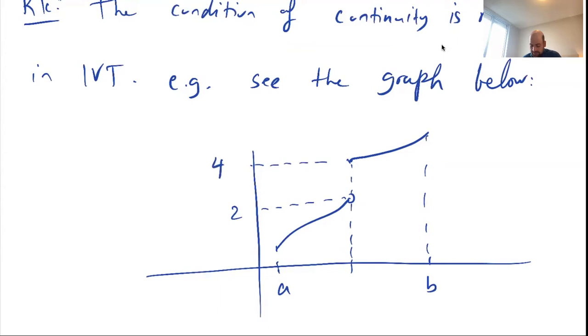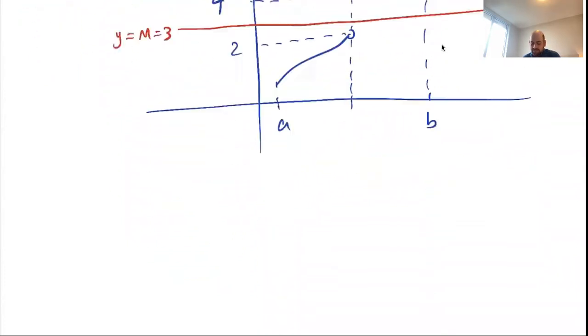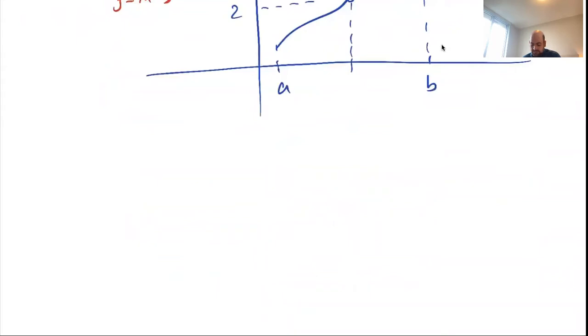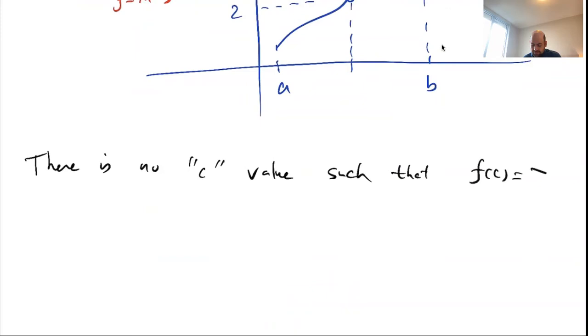And let's say this is m equals 3. See, this red line does not pass through the graph, which means m equals 3 will not be taken by the function itself. So there is no c value such that f of c is equal to 3.